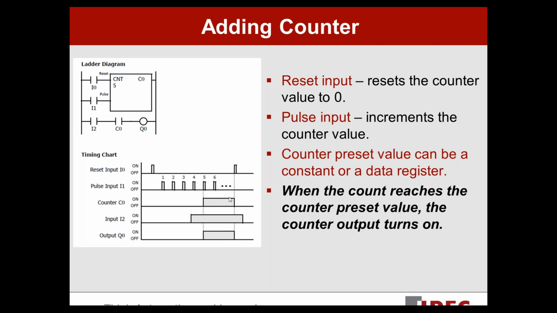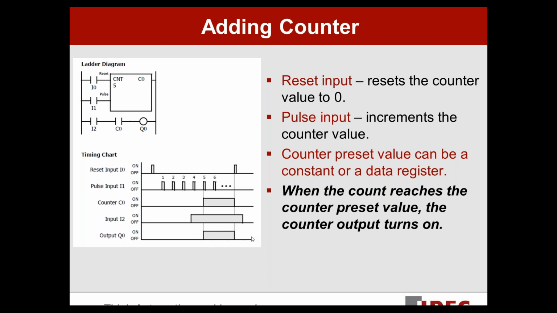The count is on. In our logic up here, we said when input 2 was on and the counter reached its preset value, we were going to turn on output Q0, which if you look in the timing diagram, you can see that happens. Input 2 is on. Once the counter reaches its preset value, it turns on. Output Q0 also turns on.